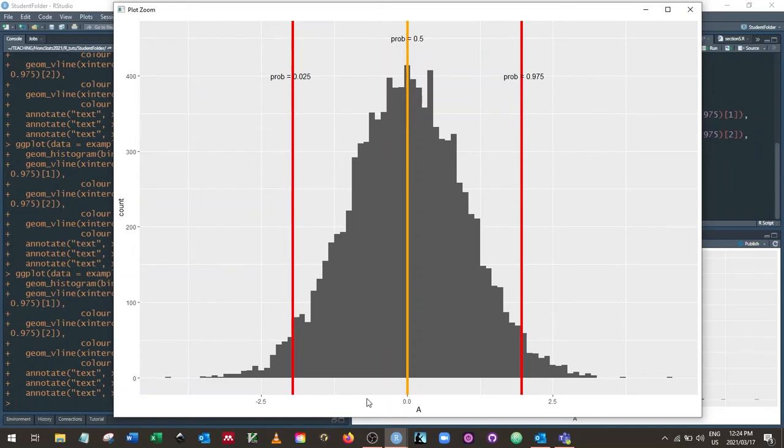So if you look at this distribution and you think of it in terms of probability, then if this is the median, this yellowish line, which it is, I calculated the median and I put a line there where the median is. Then the definition of the median, if you remember, is that 50% of the values are below that value, or conversely 50% of the values are above that value.